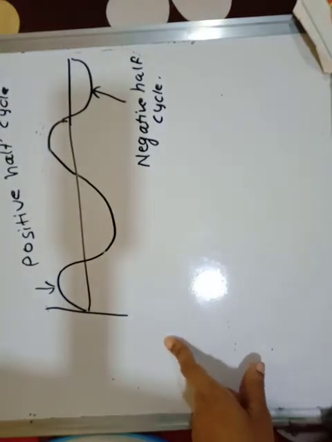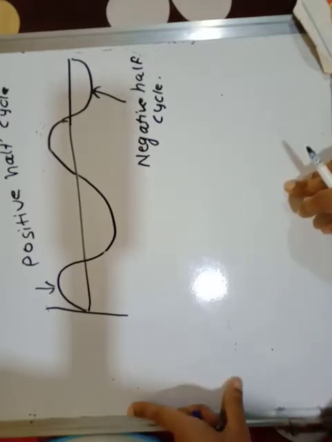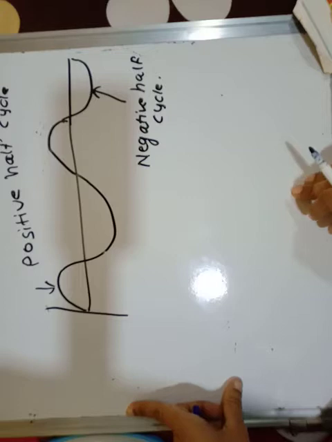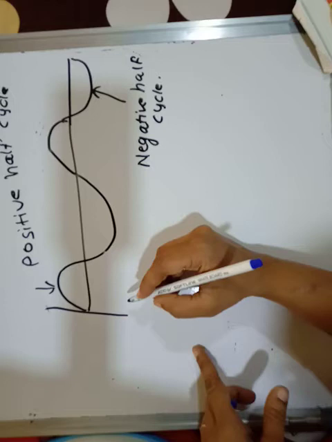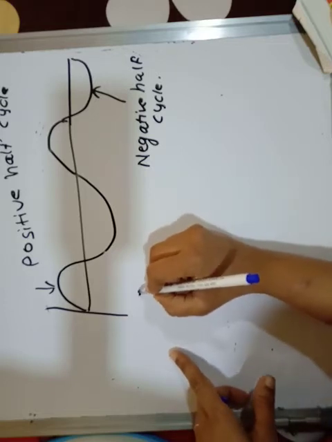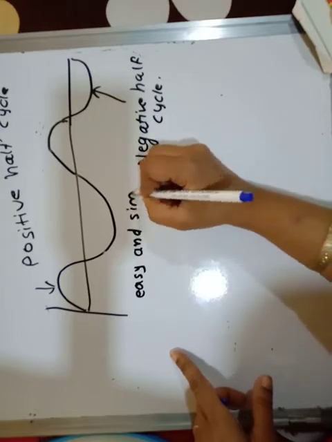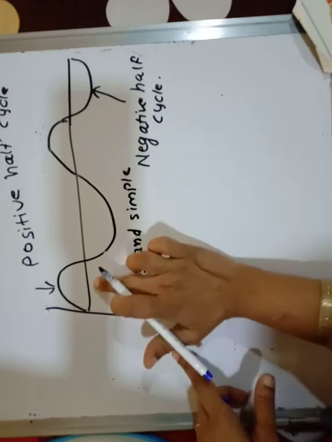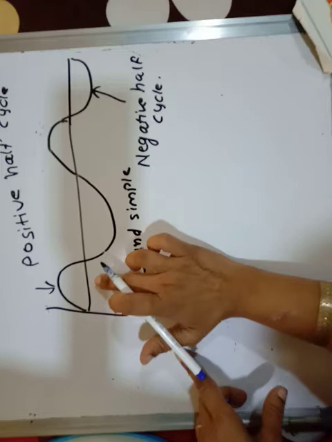The half wave rectifier is a very simple and low cost rectifier circuit, and it is used where high quality DC is not required. It is easy and simple, and it is used where high quality DC is not needed.